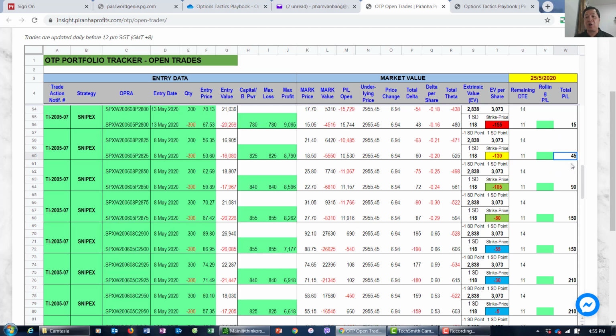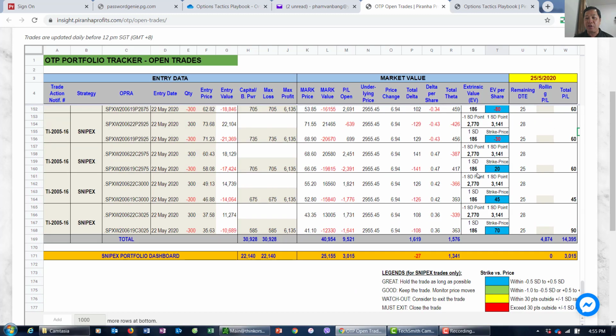Or if it's a small loss, I close it also, that's fine if I choose to do so. So yellow, again go down here, yellow means watch out, because this is slightly outside of the 1SD range, right? I say plus and minus 30 points outside of the 1SD range, I may consider exiting. But if it's red, that is more than 30 points outside, I must exit.